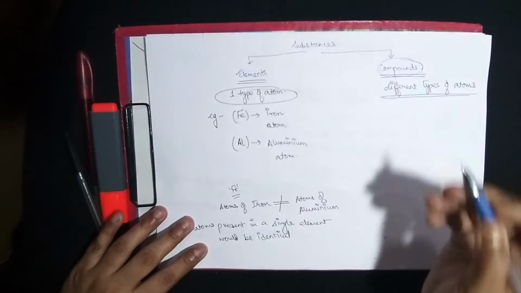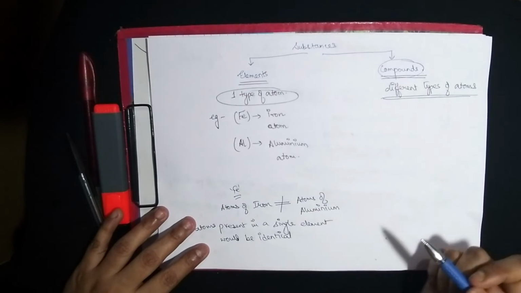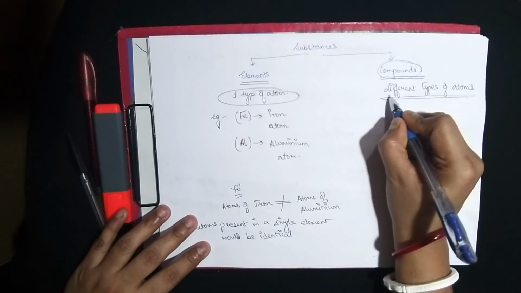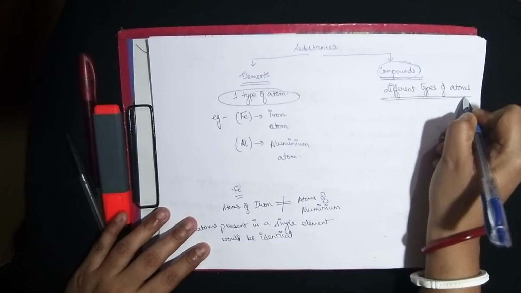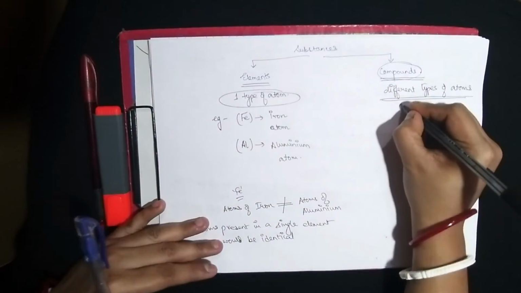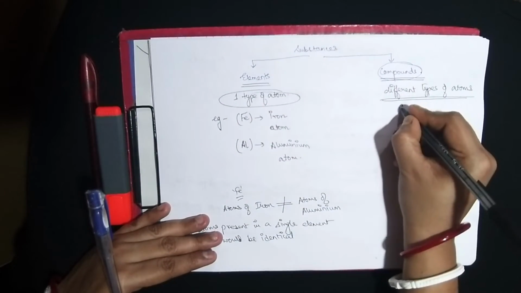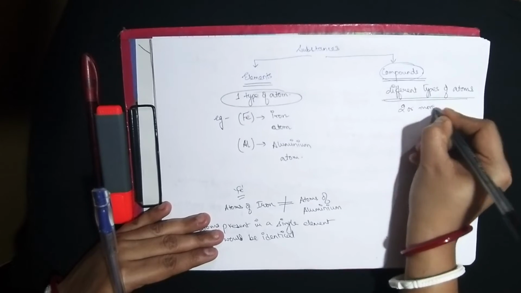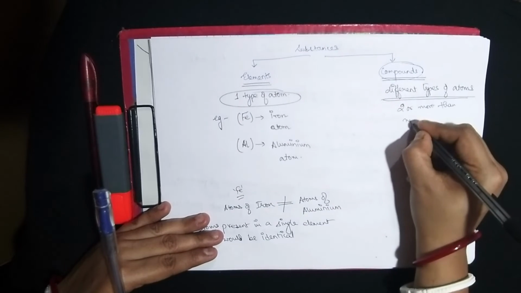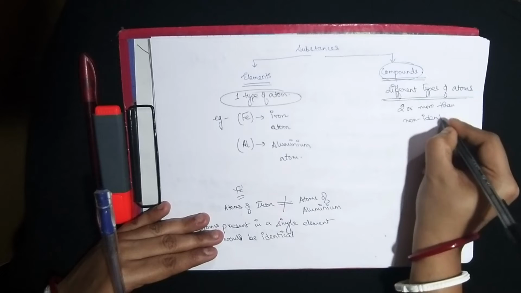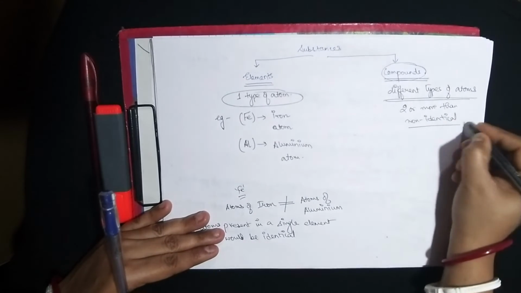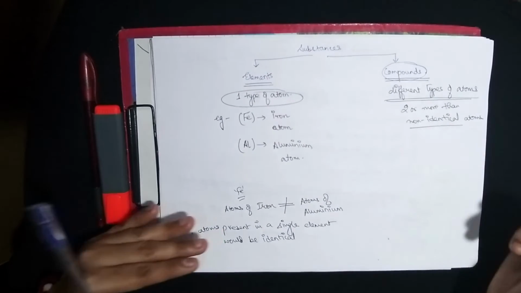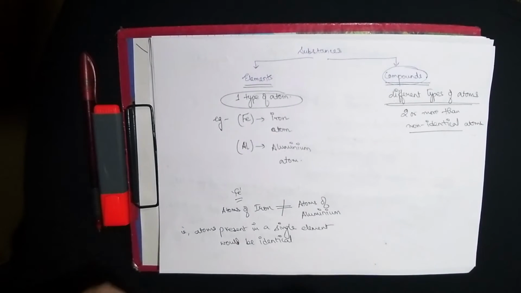I have already told you in the beginning that compounds are the substances which are made up of different types of atoms. That means two or more than two non-identical atoms, non-identical, this is the key word, when they join together, they form a compound.